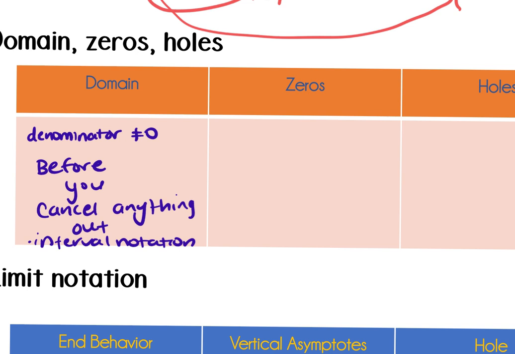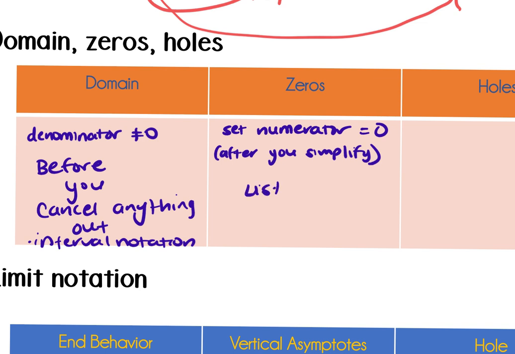For zeros, you set your numerator equal to 0. Again, after you simplify. And we list these like x equals blank, comma, blank, comma, blank, like that.